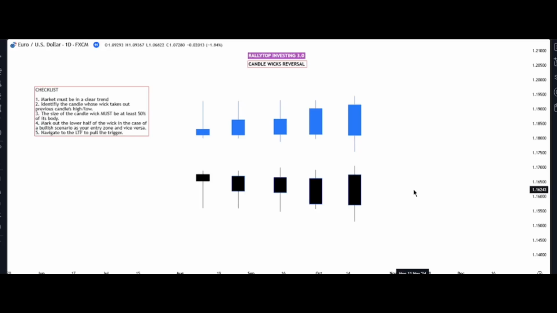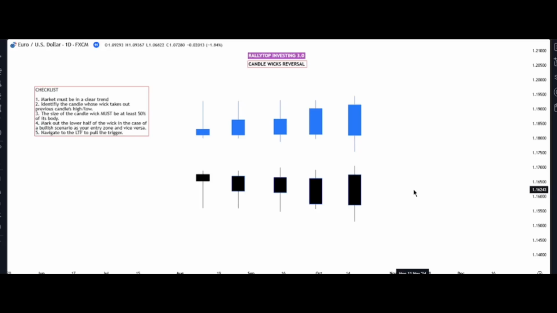Number three is that the size of the candle wick must be at least 50% of its body. I'm saying 50% to be on the conservative side, but ideally it should be quite more than 50%. In fact, if you have 60 to 70% of the wick greater than the body, the better.